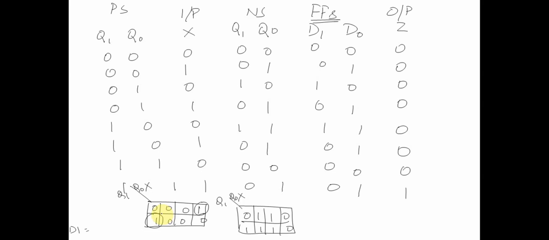So this will not be a minimized circuit. It will be equal to Q1 Q0 bar X bar plus Q1 bar Q0 X bar, and D0 would be equal to this particular group 0 0 0 1 1 1 1 0, this and this. So D0 would be equal to, this is nothing but X plus this is 1 Q1 into Q0 bar, right? And anyways that remains the same, which is equal to Q0 Q1 into X.